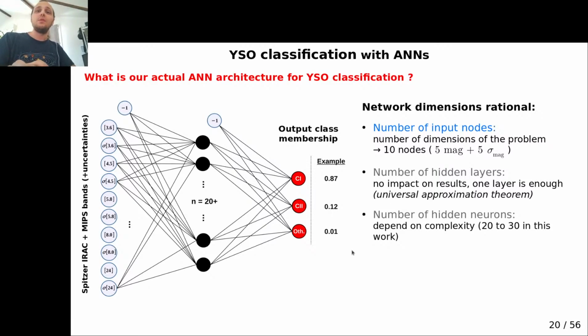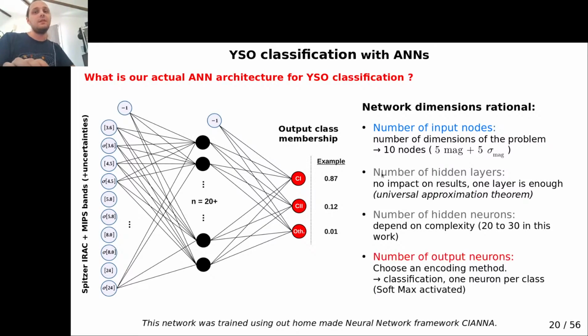So what is interesting for us is the number of neurons we put in the hidden layer, and we have observed that for this classification we needed between 20 and 30 neurons in this network architecture. The output layer is the one that will encode our classification, and we used softmax for this, and we have 3 output classes, but I will come back to why we have only 3 output classes a bit later.